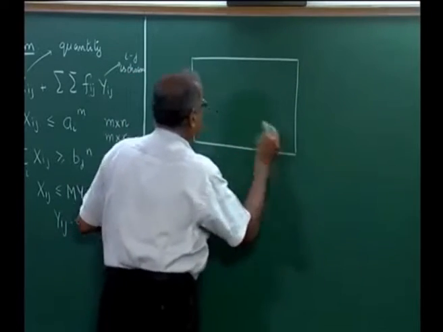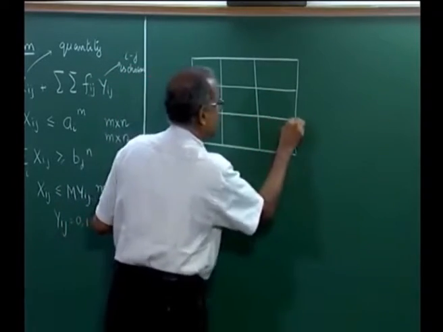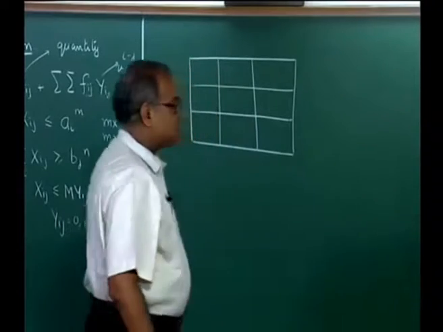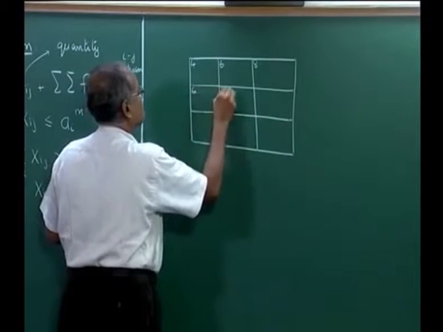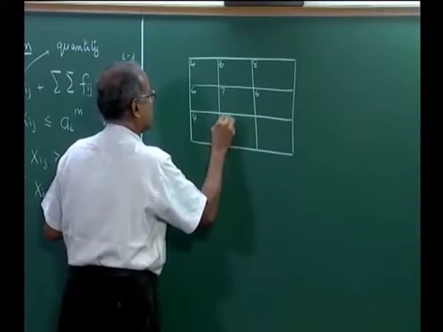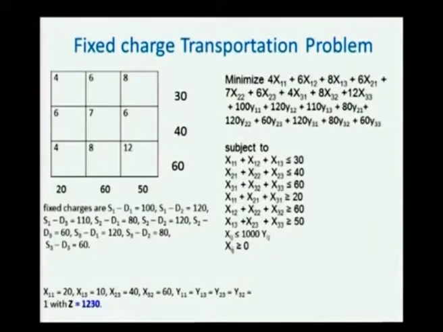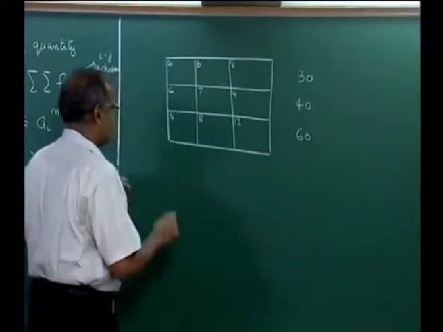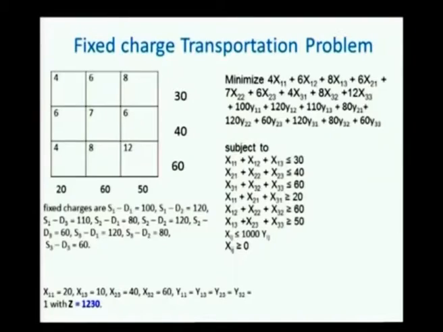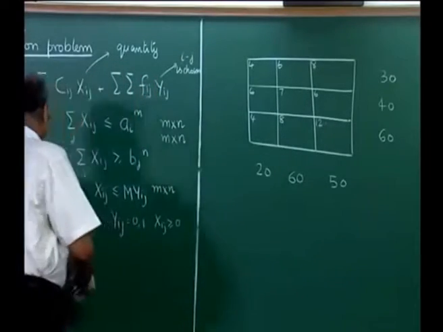So we look at this 3 by 3 problem. We look at the same problem that we saw in the previous lecture to explain the transportation, except we also add a fixed charge to it.